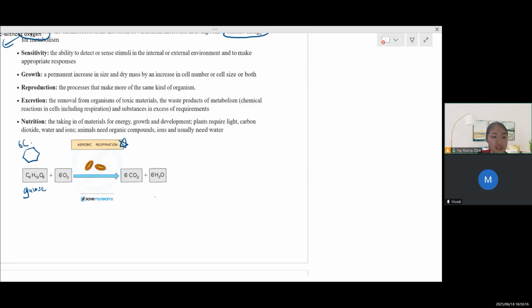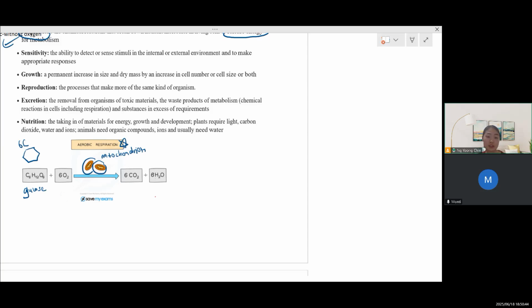So what happens is that glucose plus oxygen goes to an organelle we call the mitochondria. It's a very important organelle found in all cells. The mitochondria then release carbon dioxide and water.